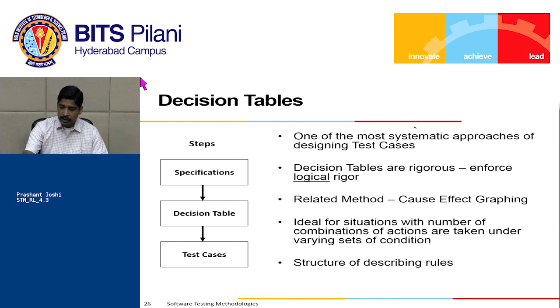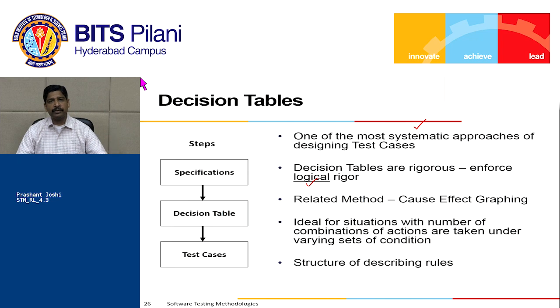Very clear, this is one of the most systematic approaches, and you would agree once we have looked at how we go through this particular technique. It has a logical rigor. In fact, the clear basis for decision tables is the logical rigor.